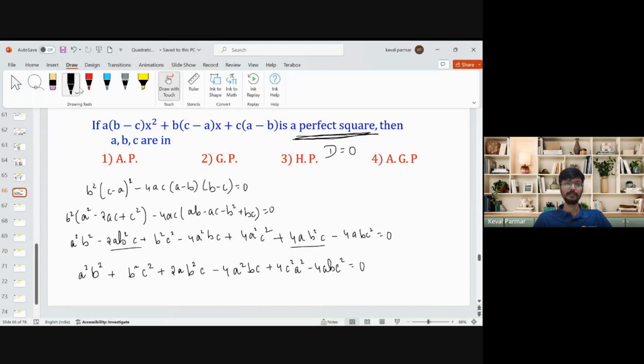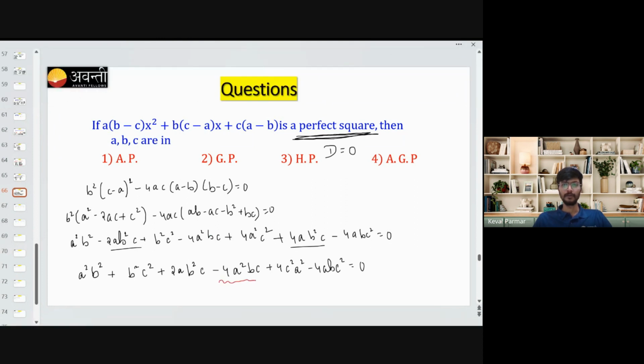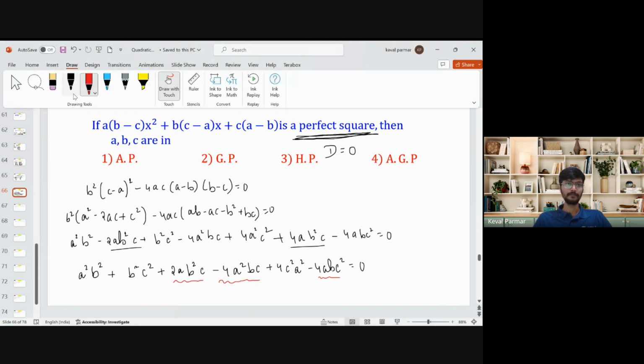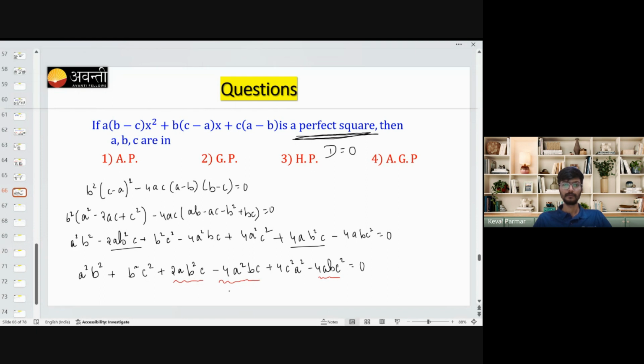So for example, let's see these two terms, 4a square bc and 4abc square. And again this term. So we can take abc common, correct? So if I try to take 2abc common, so what will we have?